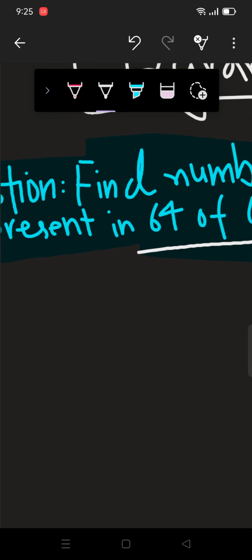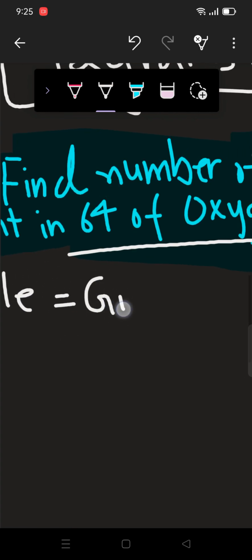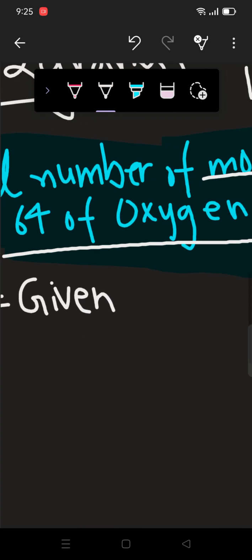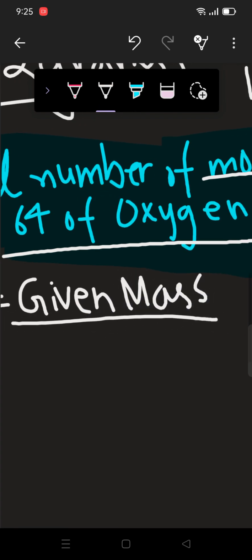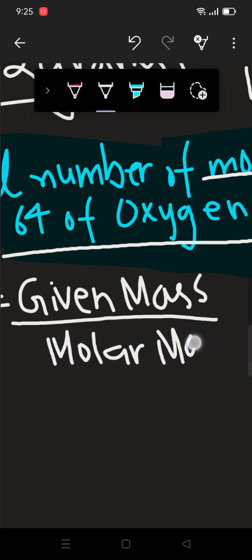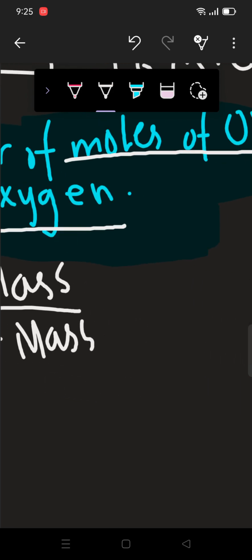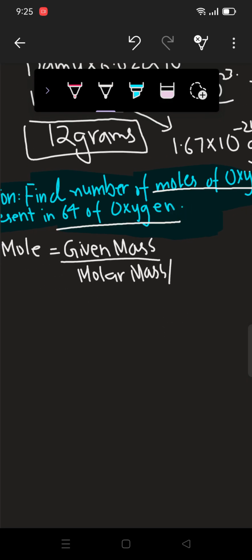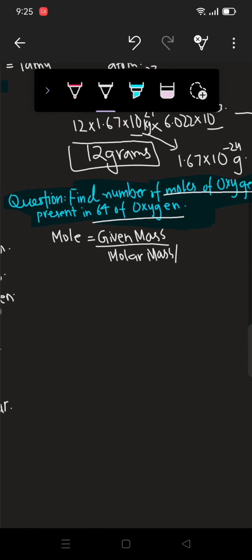So for this we have a formula: mole is equal to given mass per molar mass, and we know what molar mass is. It is basically the mass of 6.022 into 10 to the power 23 atoms, right?